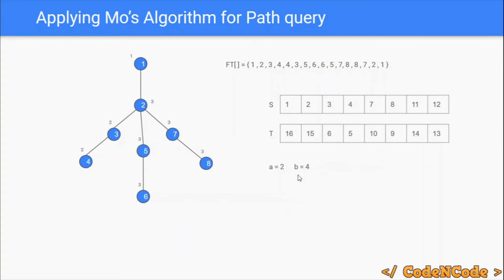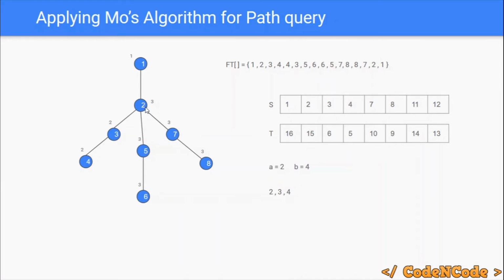Now continue. Since this is the first kind of query, the answer of this query is starting time of A to starting time of B. So starting time of 2 is here, starting time of 4 is here. So if you see 2 3 4, starting time of 2 to starting time of 4, these are all of the nodes 2, 3 and 4.